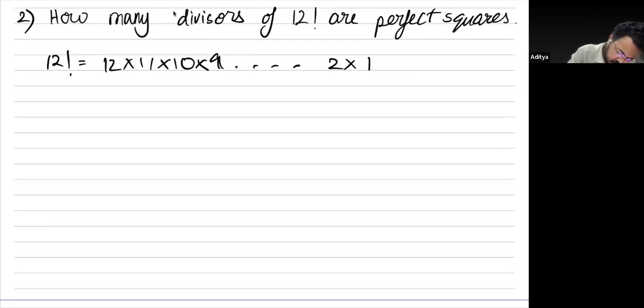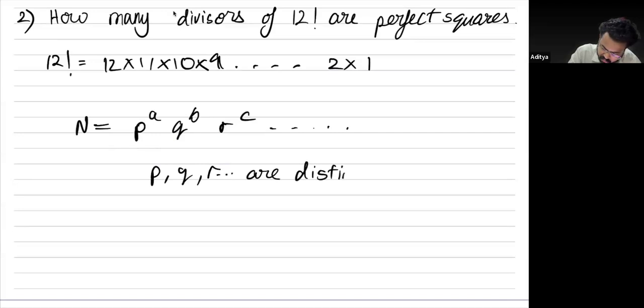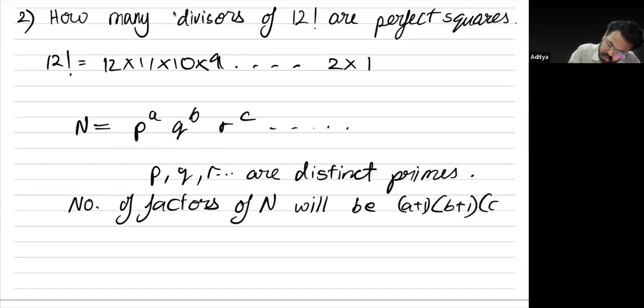If you have a number N equal to P to the power A, Q to the power B, R to the power C, and so on, where P, Q, R are distinct primes, then the number of factors of N will be (A plus 1)(B plus 1)(C plus 1), and so on.